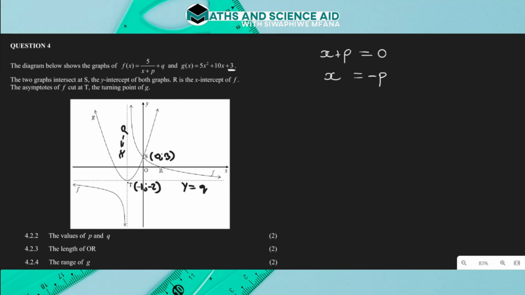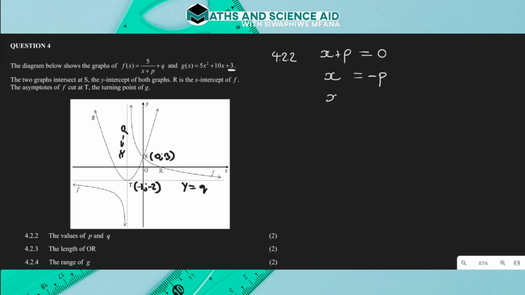We're told that these asymptotes of f cut exactly at this point T. So the value of the vertical or x asymptote will be exactly equal to the x coordinate of T. Likewise, the value of the horizontal or y asymptote will be equal to the y value of this coordinate T. If we start with p, bear in mind that we're answering 4.2.2.